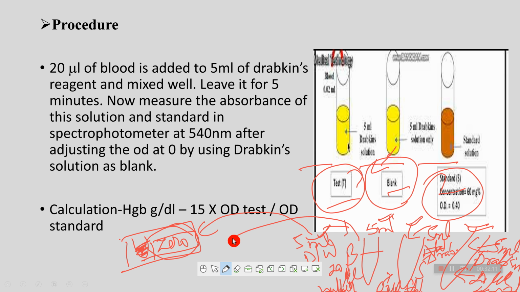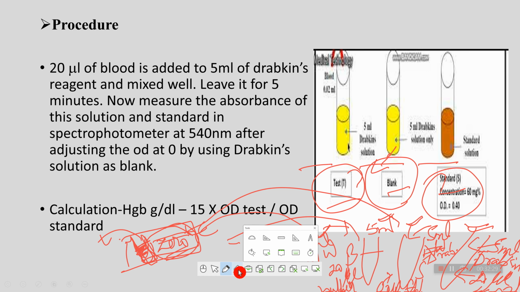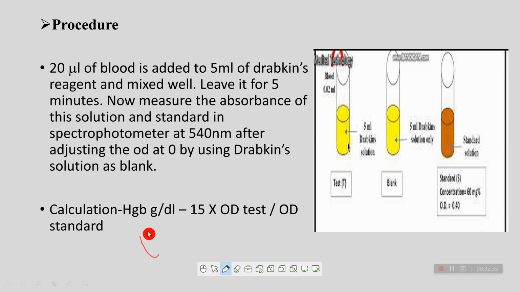So first we take the reading of the blank solution and make it 0. Then we take it out and insert the standard tube here. The colorimeter will now give the reading of the standard solution. The reading will appear here, mentioned as OD or absorbance.